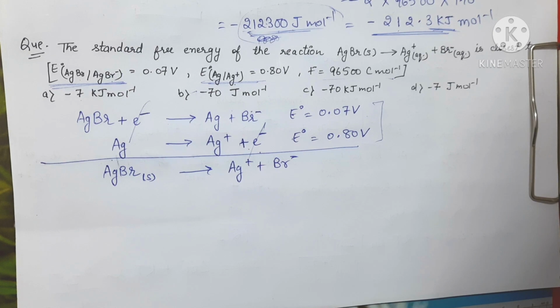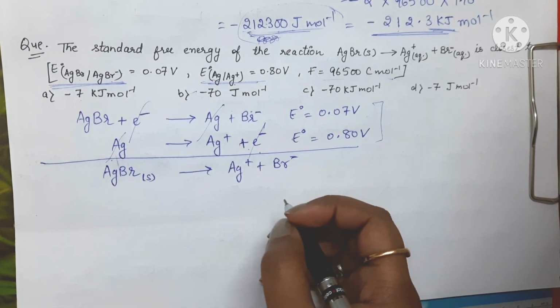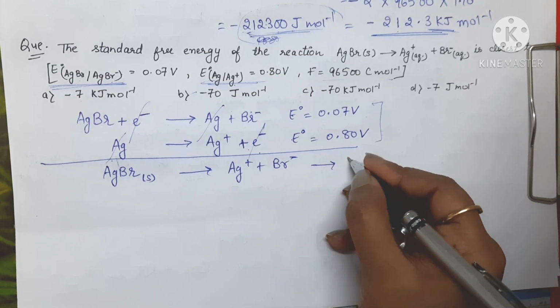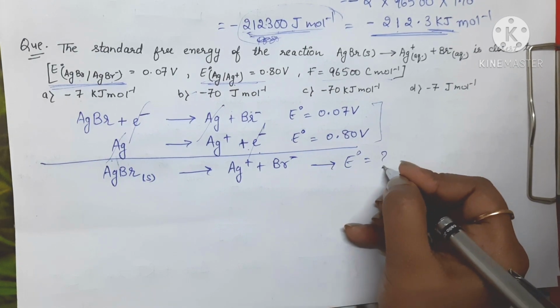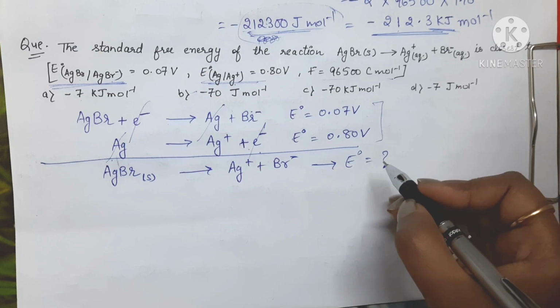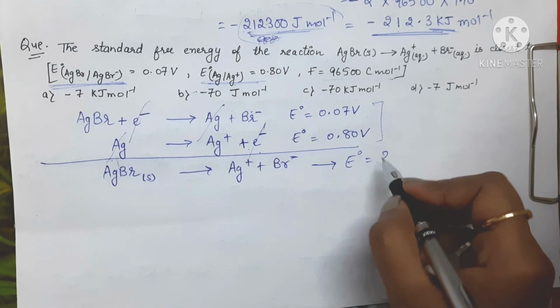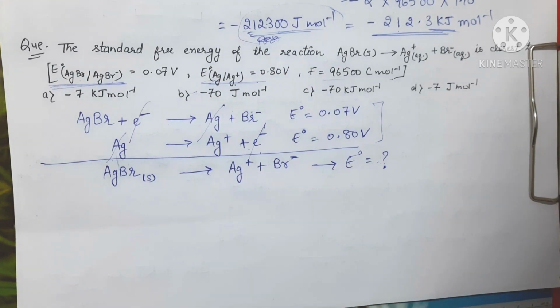Okay, now Ag will also cancel out. Now we have to find out the E naught value for this reaction first of all, right? Using this E naught value we can find out the standard energy of reaction, right? Standard energy is basically the standard Gibbs free energy, that is delta G naught value.